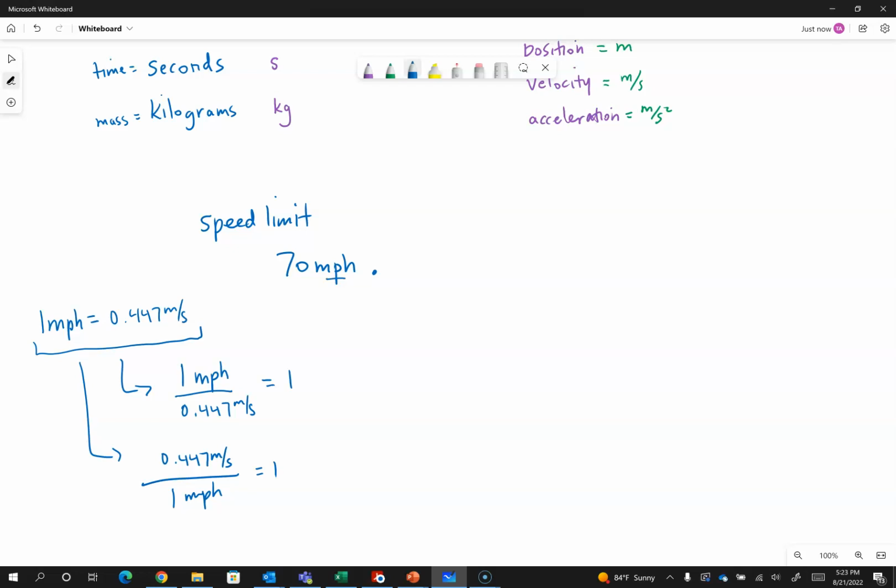So in the case of this speed limit, and wanting to convert from miles per hour to meters per second, I want to choose the ratio that has the miles per hour in the denominator, because I can cancel out the miles per hour in my original number with the miles per hour in the denominator.